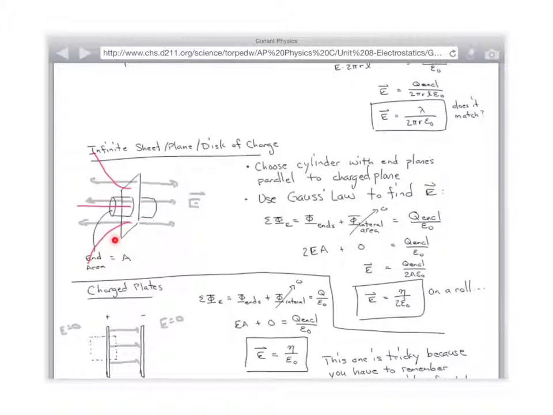Or you would have had to figure out, at every single area of intersection, what the electric field is and what the cosine theta would be. And it's changing constantly. So Gauss's law is really simple only for infinite shapes. Good? All right.